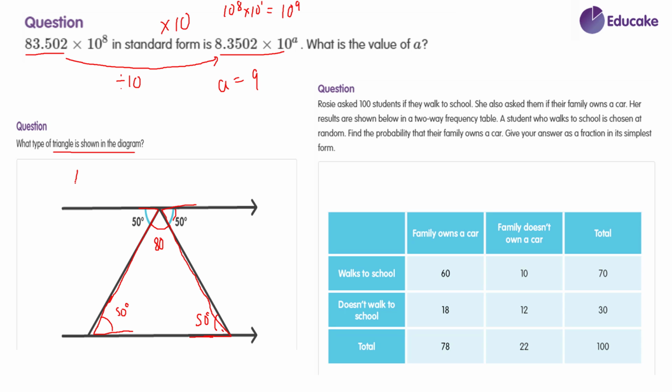And if they ask for a reason, it's because alternate angles are equal. Then it's quite easy to say this is an isosceles triangle.